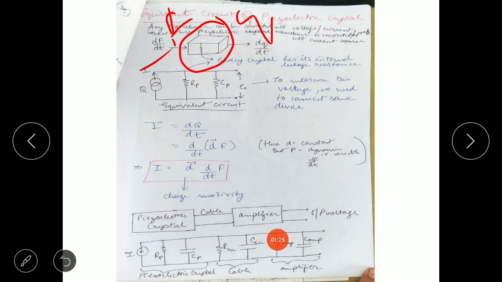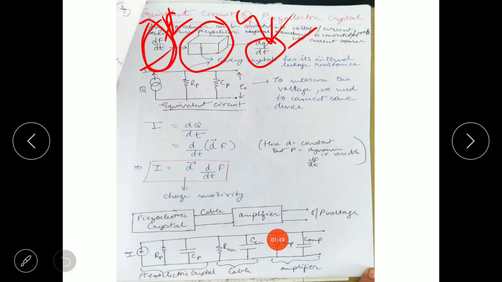But if you apply dF by dt, that is dynamic force, obviously you will get dq by dt. For one force you will get one charge, for another force you will get another charge. So if the force is varying with time, you will get output dq by dt.